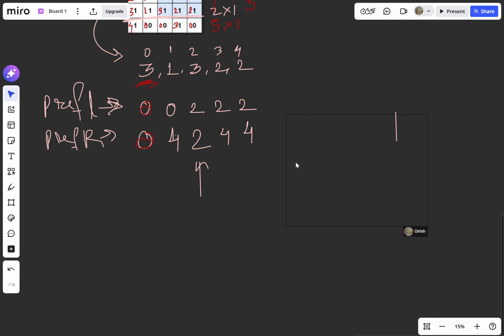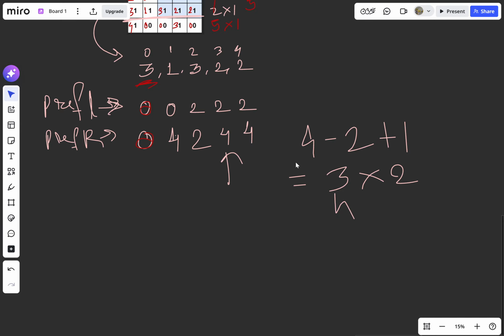After that we will traverse to index number 3. Then 4 minus 2 plus 1, so here we will get 3. So 3 into 2, this is the height and this is the length, so that's why we will get 6.